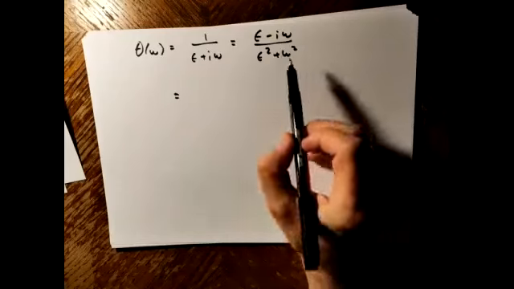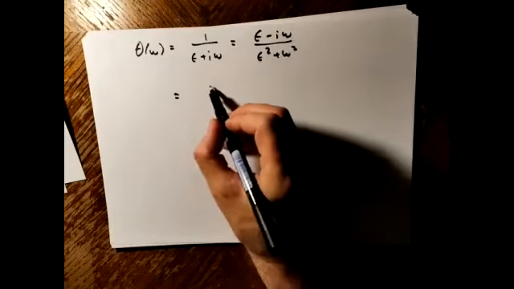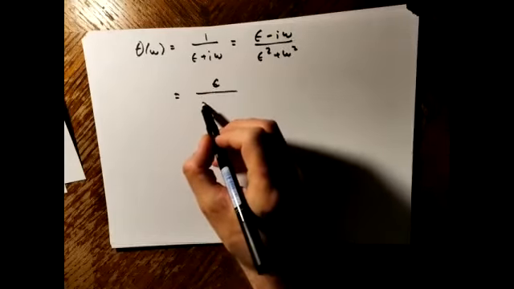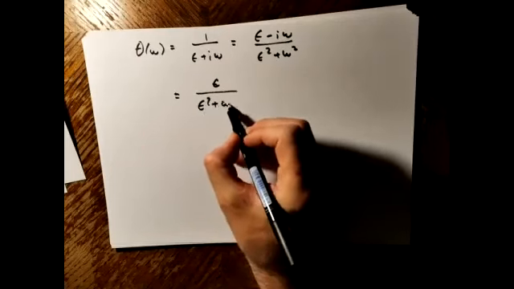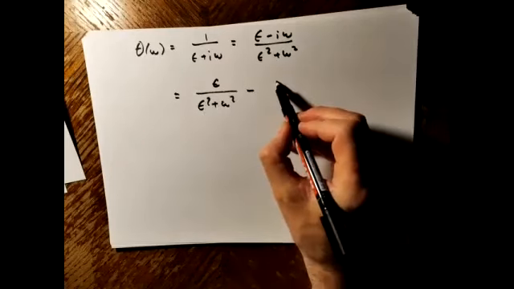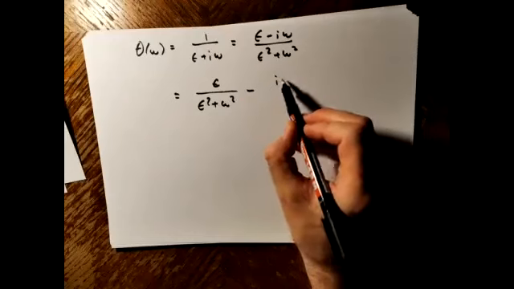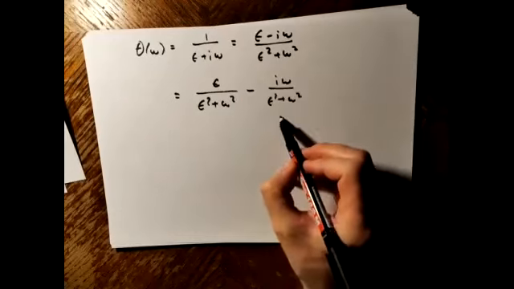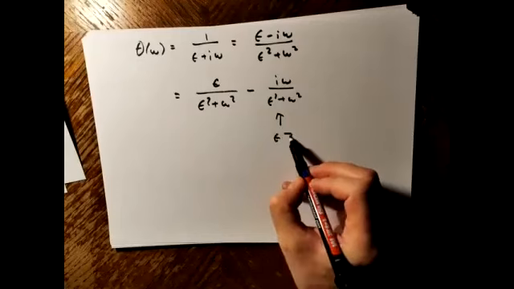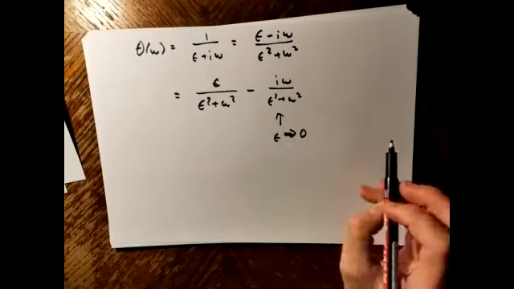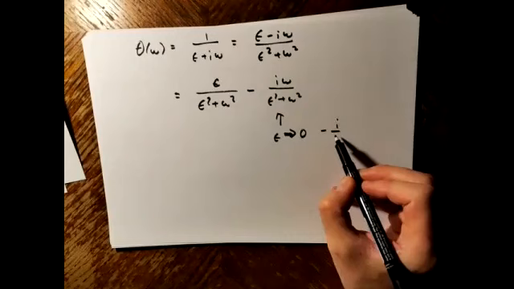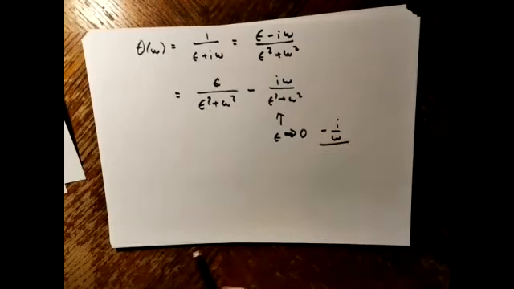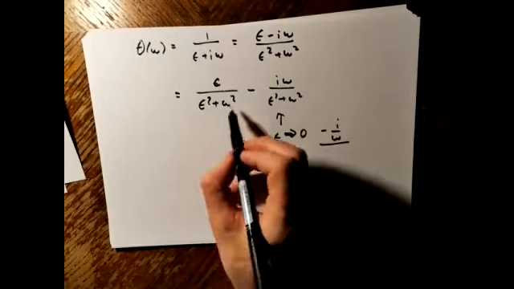So first, let me write this in two pieces: epsilon over (epsilon squared plus omega squared) minus i omega over (epsilon squared plus omega squared). Well, in the second one, it's easy to take the limit. If I take the limit of epsilon going to 0, I just get minus i over omega. Fine, but what about the first one?